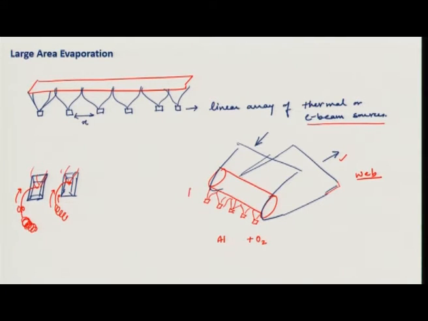You can put some oxygen nozzles right at these points, so that when aluminum is being evaporated and is moving from source to substrate, it comes in contact with oxygen, and as we know, aluminum readily forms aluminum oxide, Al2O3. So, by the time it reaches there, it forms Al2O3.